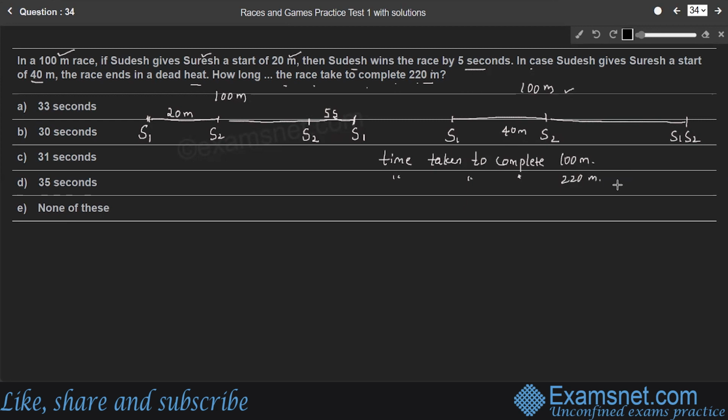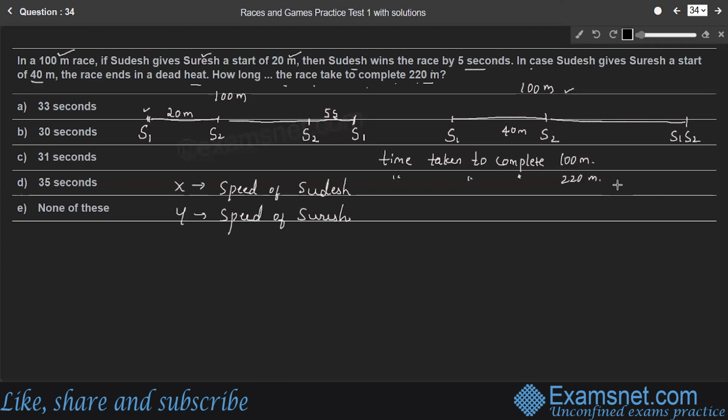So for that, before going to the time, let us assume x and y meters per second as the speeds of Sudesh and Suresh. We'll consider x as the speed of Sudesh, the first person, and y as the speed of Suresh. So let us find the relation between x and y.